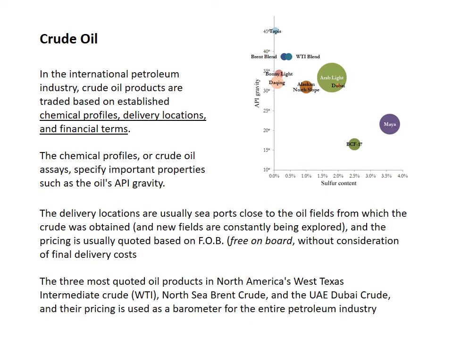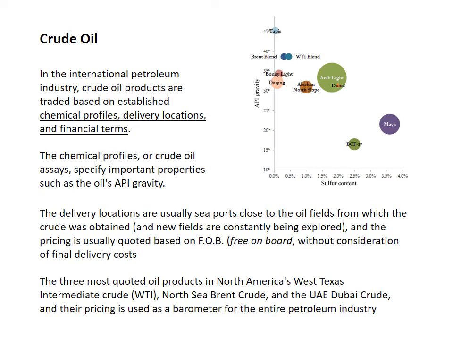And so we refer to different types of crude oil by different names, like WTI, West Texas Intermediate, and Brent, the North Sea Brent crude. This figure shows that each of these different types of oil, which we refer to basically by where we're getting them, have different physical or chemical characteristics that determine their worth.